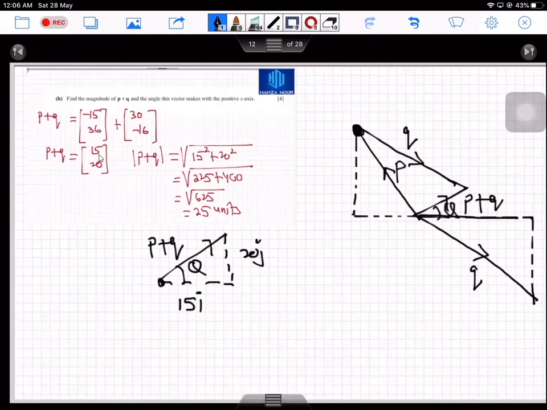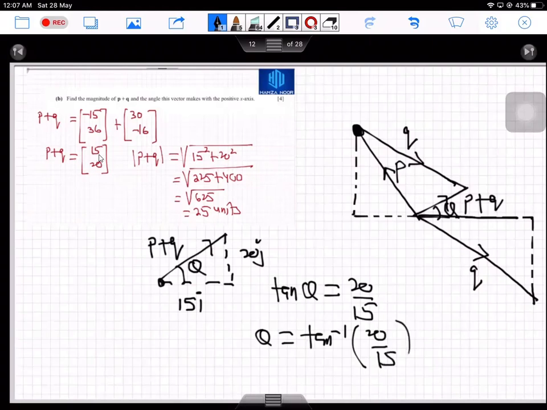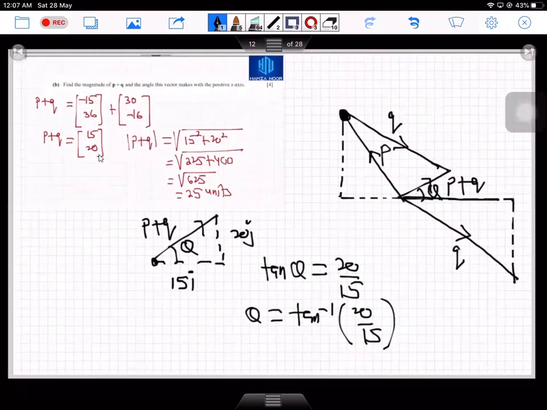So in order to find this angle theta, tan theta is equal to opposite over adjacent. Tan theta is equal to 20 over 15. Theta equals tan inverse of 20 over 15. If you are giving your answer in degree mode, write your answer correct to 1 decimal place.